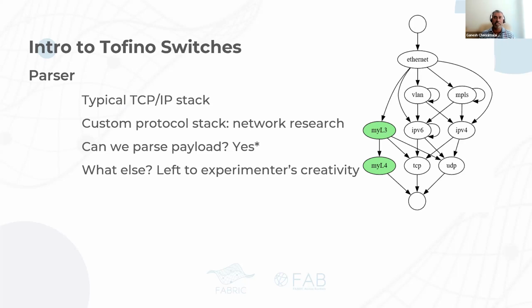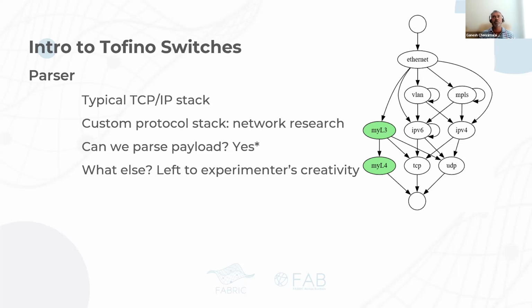There is no hard limit, as long as the header is not like SNMP or something like that, which is largely TLV based, and it can have recursive objects. It is pretty straightforward to parse them out with the Tofino switches as well.